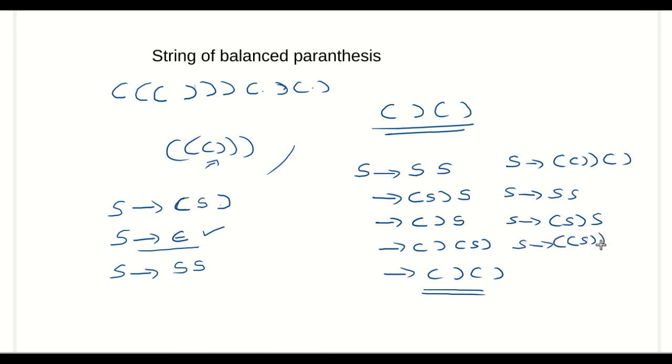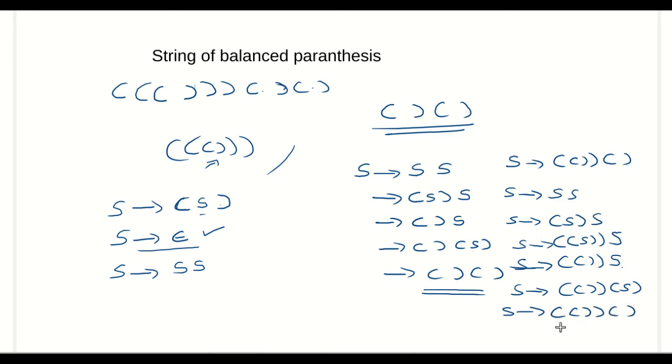Okay, now you replace this S with the epsilon production, so it will be like this. Then S gives opening closing S. Okay, this S is replaced using this production, and then S gives like this, because here this S is replaced using epsilon.